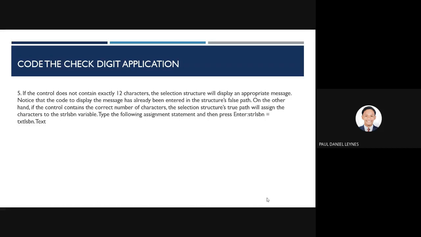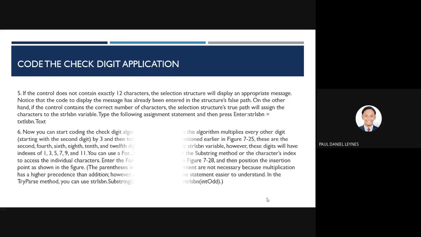Notice that the code to display the message has already been entered in the structure's false path. On the other hand, if the control contains the correct number of characters, the selection structure's true path will assign the characters to the strISBN variable. Type the following assignment statement and then press Enter: strISBN = txtISBN.Text.